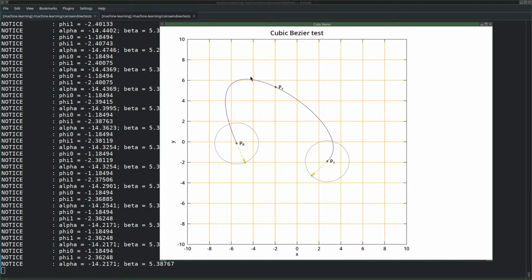Now the Bezier curve doesn't stop here though, it continues. It's not going around like that, is it? Not sure what happens after this point actually. I think it just goes to infinity somehow. So now you have a point Q here, okay?